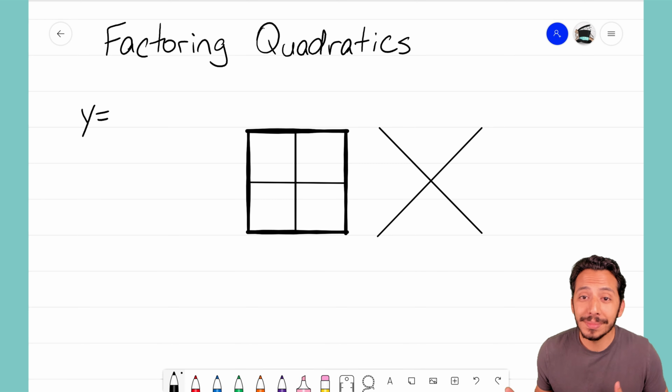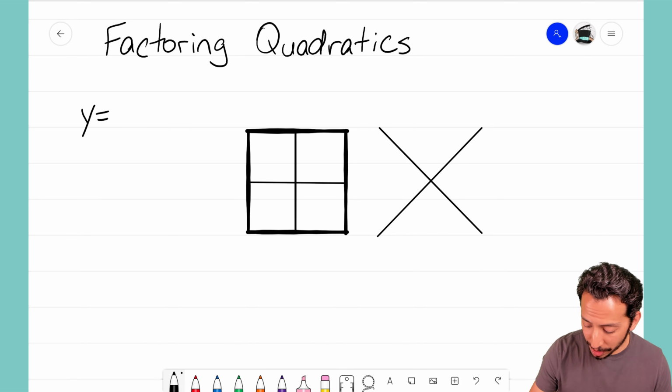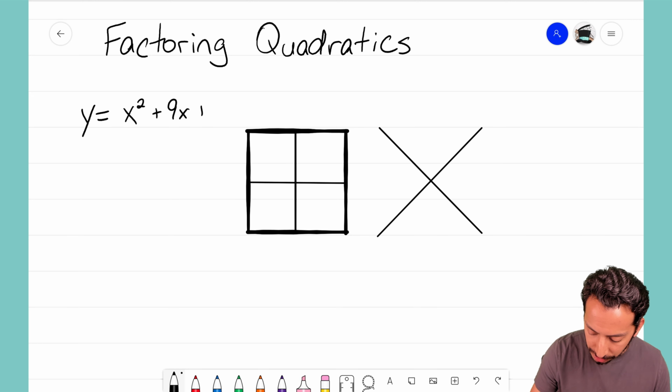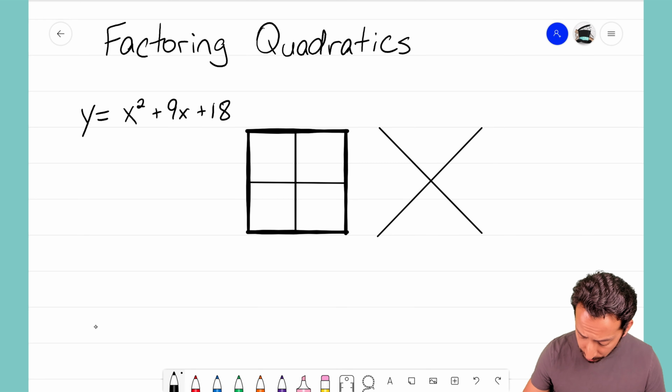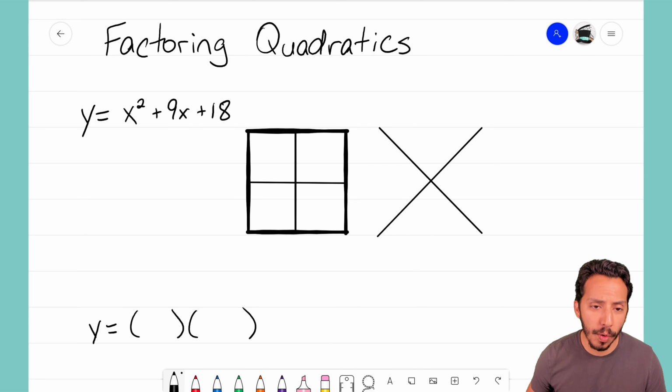Now all we need is an equation. So I'm going to go ahead and write down x squared plus 9x plus 18. That is the quadratic equation that we want to factor. You'll notice that it's written out as a sum. The goal of factoring is that when I'm given a quadratic equation written as a sum, I'll be able to rewrite it in what we call product form or factored form.